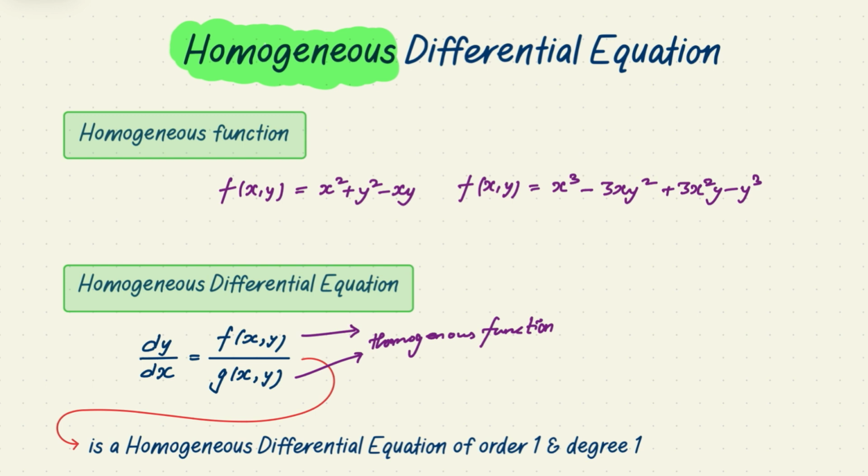Here, if you see, the order of this differential equation is 1, since there is a first order derivative, and it has power 1, so the degree of this differential equation is also 1. Hence it is a homogeneous differential equation of order 1 and degree 1.